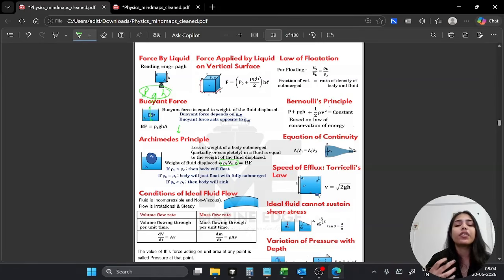If that buoyant force is greater than the gravitational force, then the object will float, right? Because gravitational force is pulling it downward, and the buoyant force is pushing it upward. If the buoyant force is greater, the object will float. If the buoyant force is equal, it will be fully submerged, and if the buoyant force is less, the object will sink. So these are the three conditions, and this is the Archimedes principle.